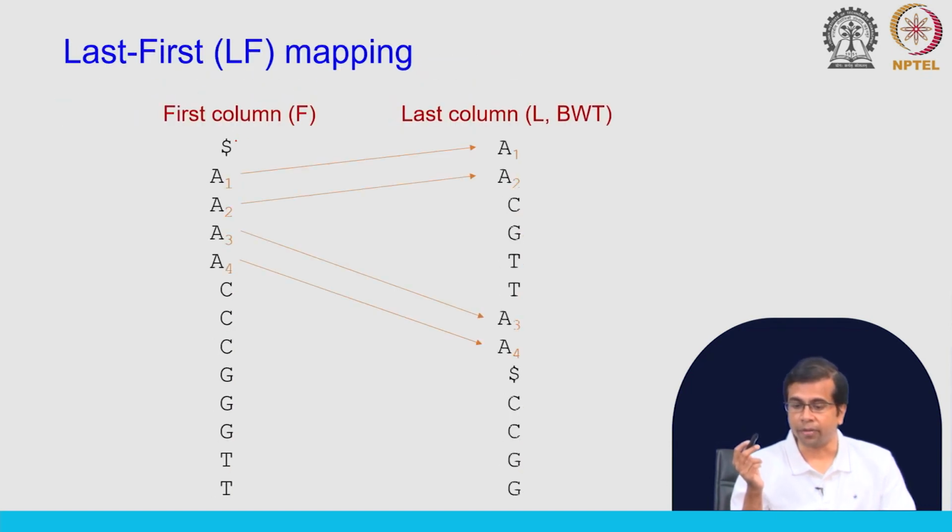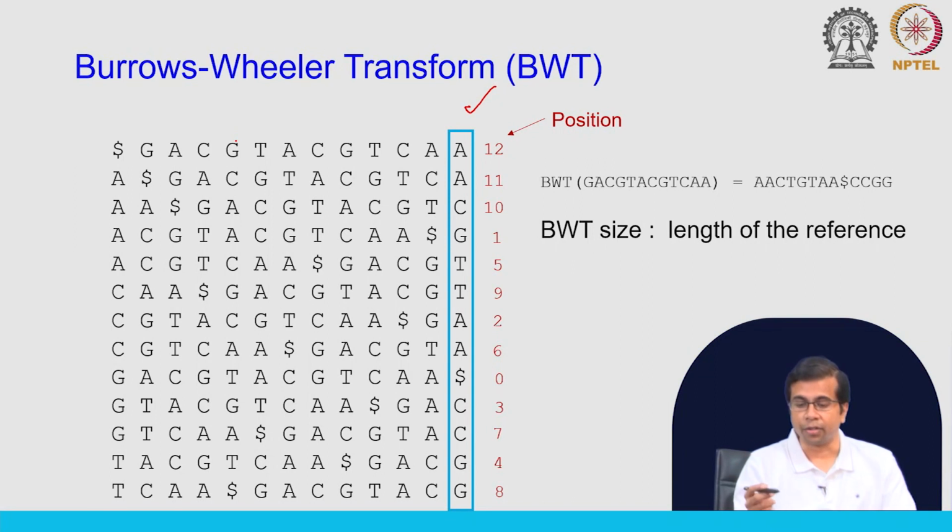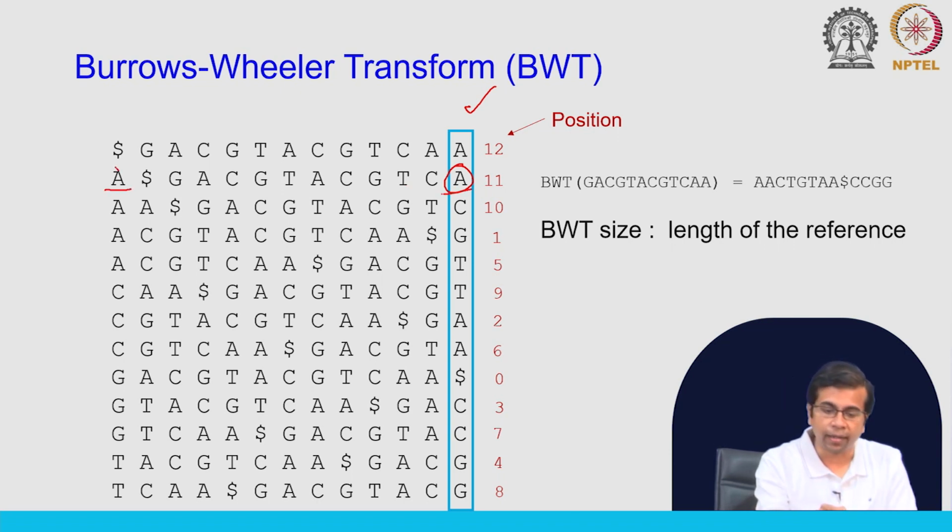Maybe we can have a look at the matrix, and that will make things clear. When we are doing the string rotation, if you look at this string, this is the letter that is before this A. This A is before this A here in the reference sequence. Similarly, if you take this example for this string, this T occurs just before this C in the reference sequence.